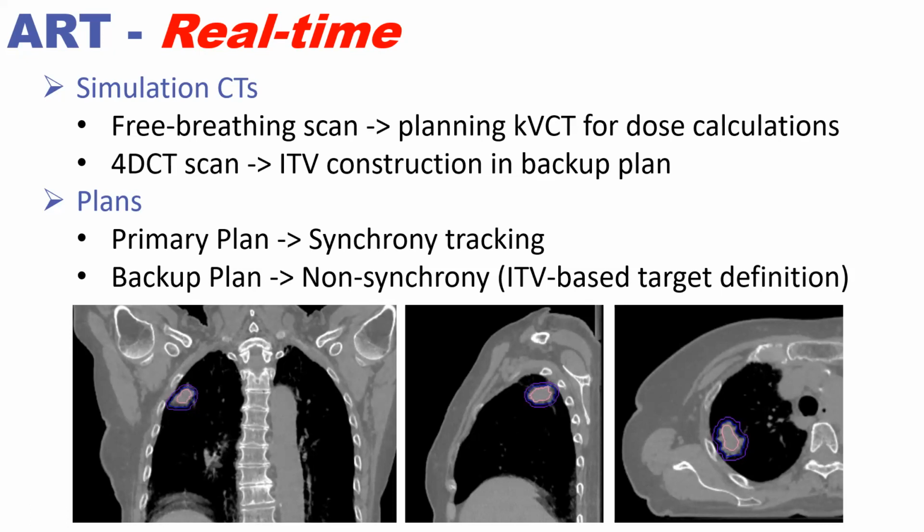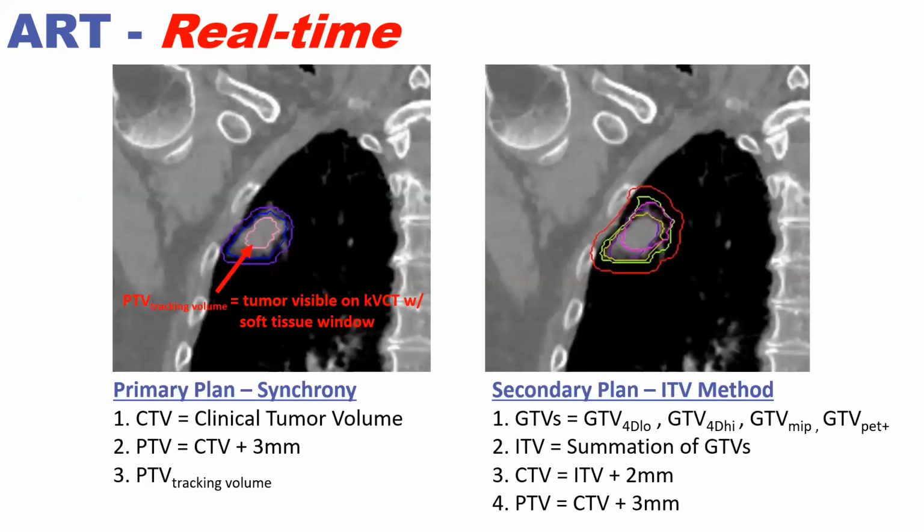And so this is already one of the interesting points of the technology: developing a whole clinical protocol for how you want to deal with this risk. And then there's more to this. Here's your Synchrony plan, here's your standard ITV method. You can see that there's a lot more going on in here.